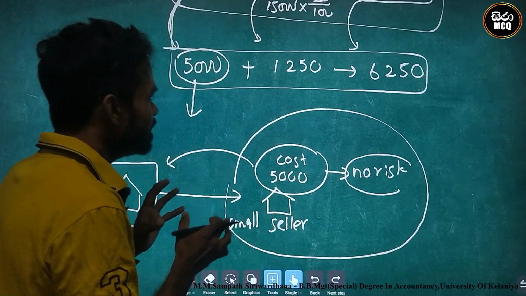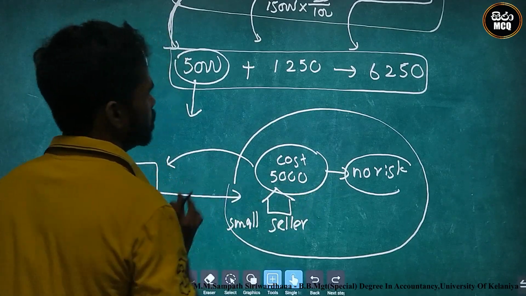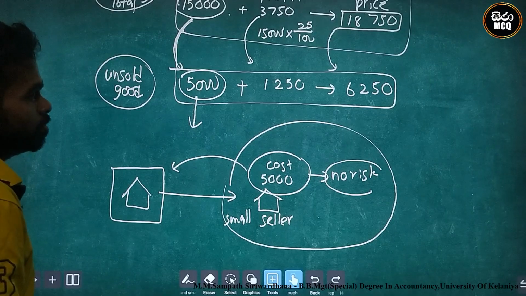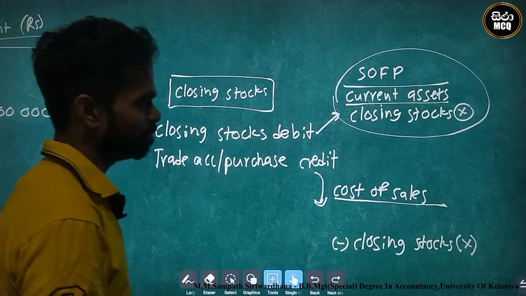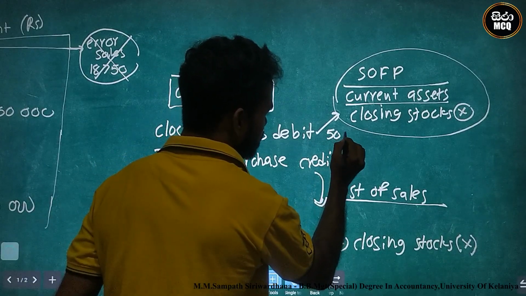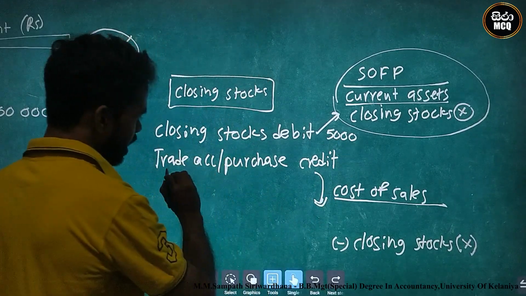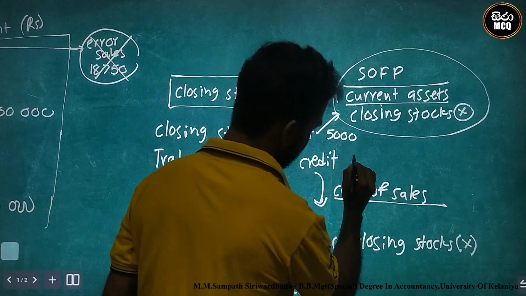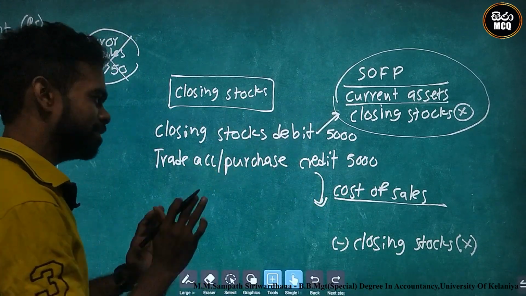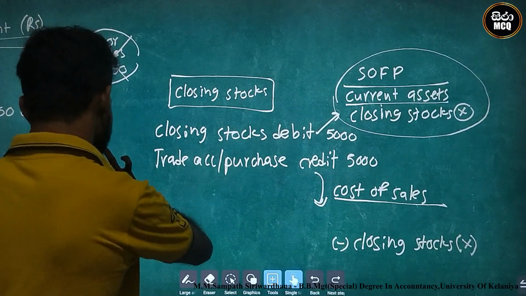What is the double entry of this closing stock of 5,000? Closing stock debit and trade account credit. We can identify it and adjust it.